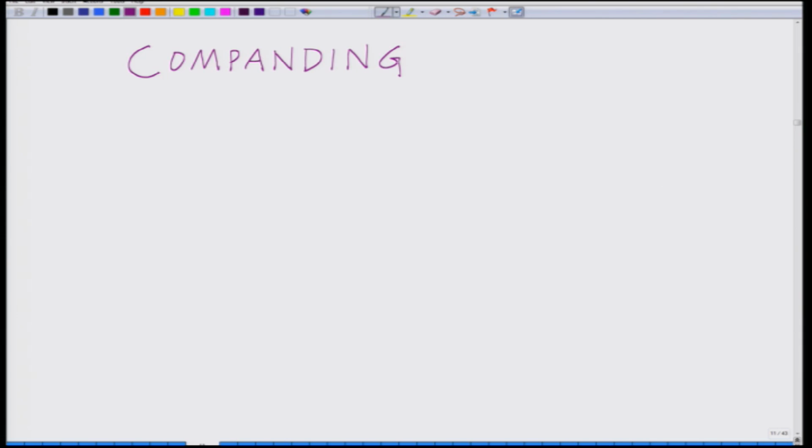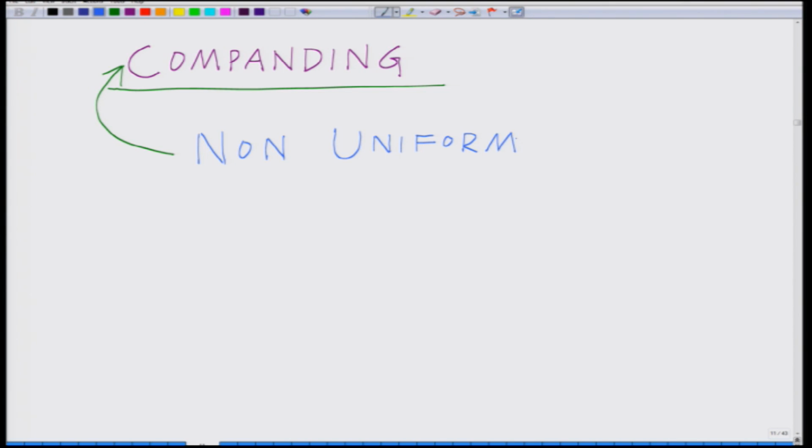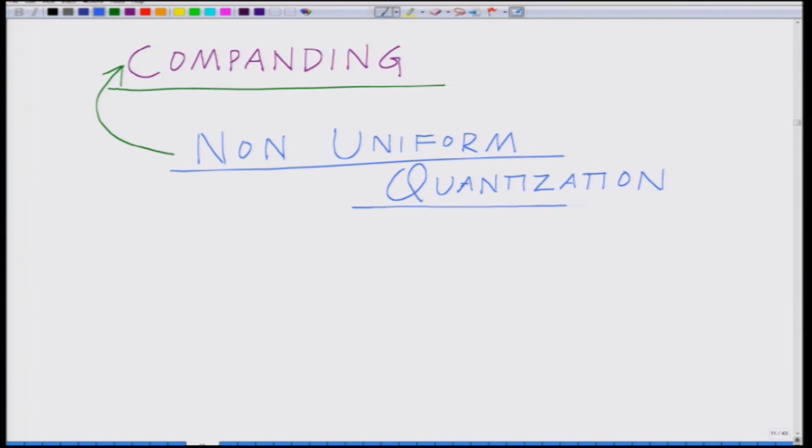Companding is used for non-uniform quantization.